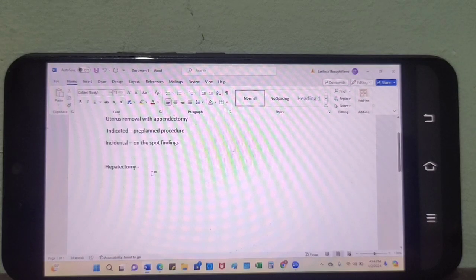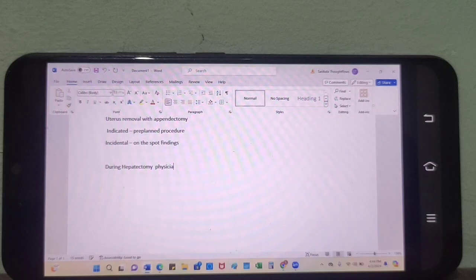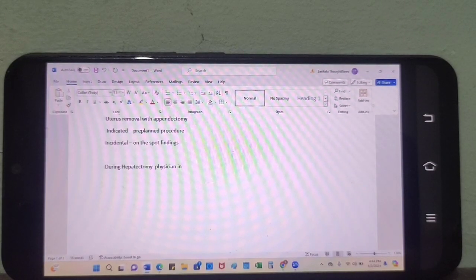So the doctor performs the procedure of appendectomy. During this procedure, the physician incidentally finds out the problem of the appendix.